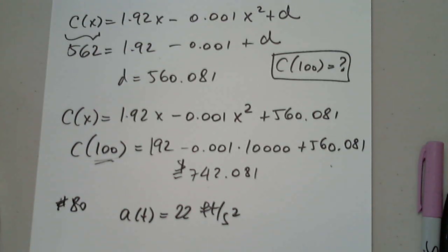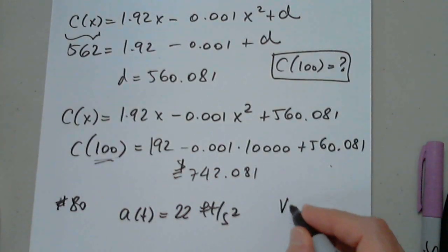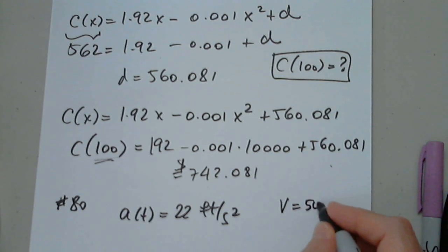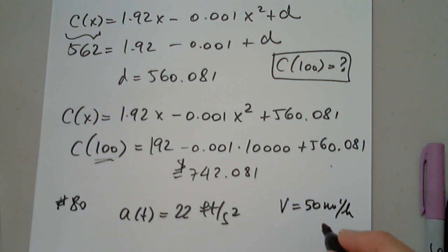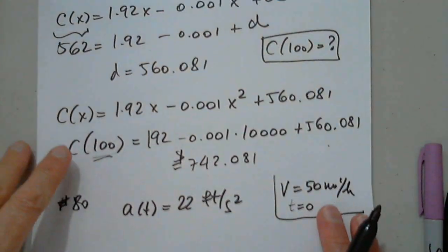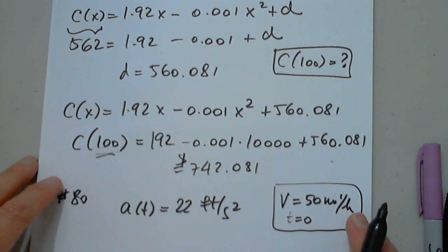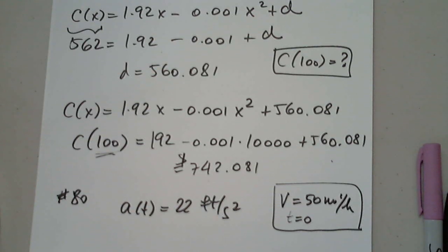Okay, so we have to think about this point. So the velocity is 50 miles per hour at time t equals 0. Good. What is the distance traveled by the car before the car comes to a stop?